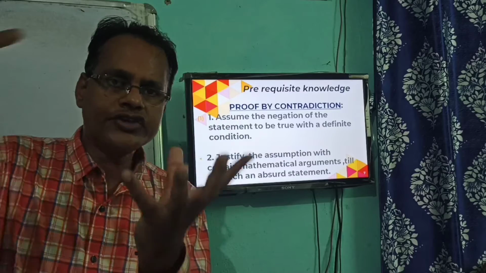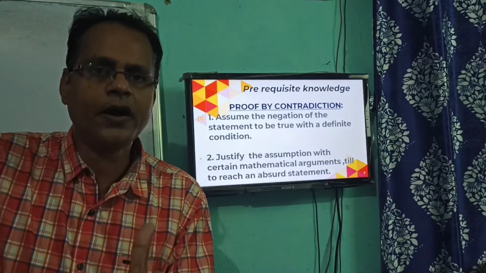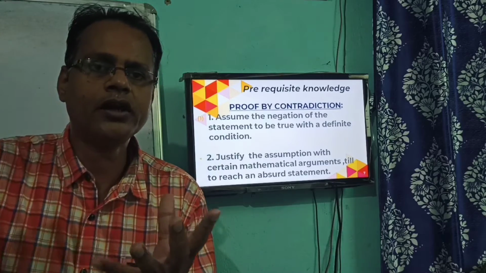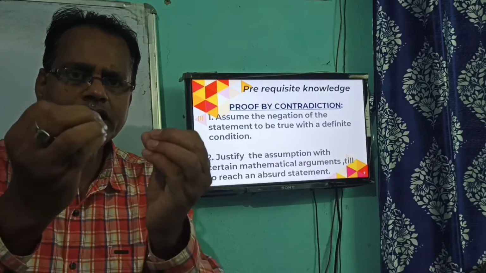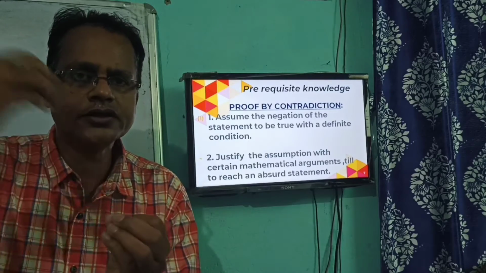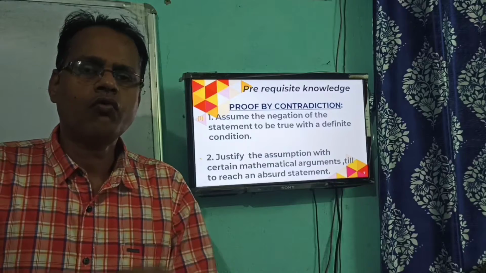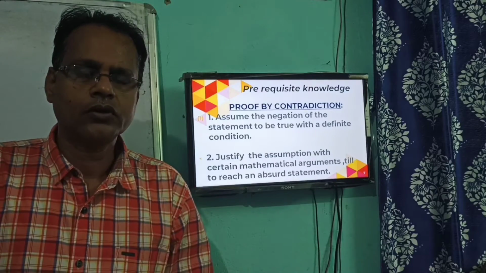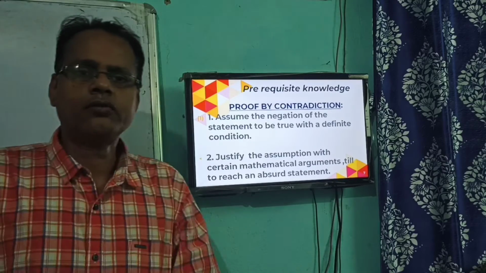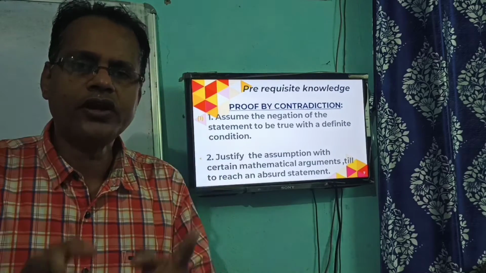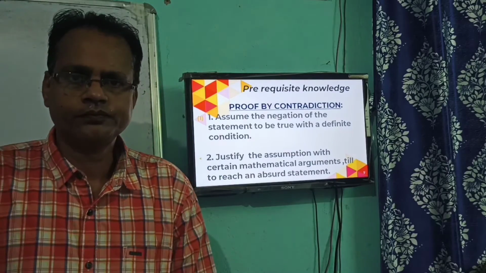If you are assuming certain things, then you justify it by doing certain mathematical arguments. What is this mathematical argument? The mathematical argument is nothing but doing certain mathematical calculations on what you are assuming. Now, when you do certain mathematical calculations, you will definitely reach an absurd answer.